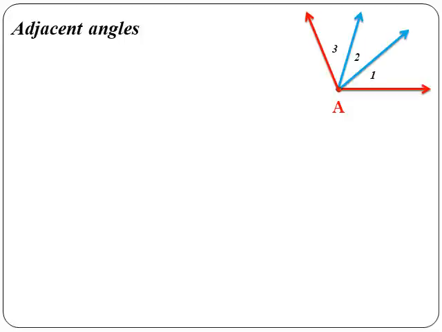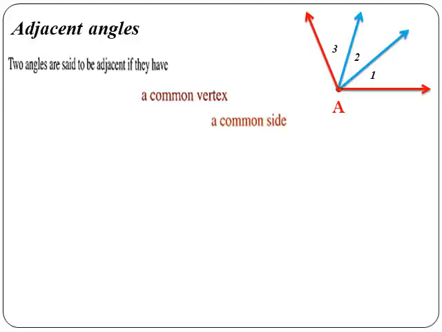طيب في نوتس مهمة قوي عن adjacent angle اقول لك خليك معايا. 2 angles to be adjacent, عشان اقول ان هم adjacent لازم يكونوا عندهم اول حاجة common vertex. Yes, wonderful. يبقى عندهم common vertex، يعني يكونوا 2 angles دول ليهم نفس الفيرتكس. بعد كده يكون ما بينهم common side. يعني angle 1 و angle 2، السايد اللي موجود في النص هو common ما بين الاثنين.